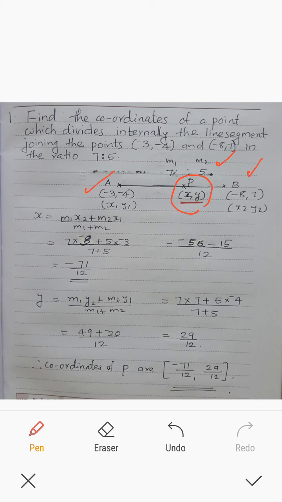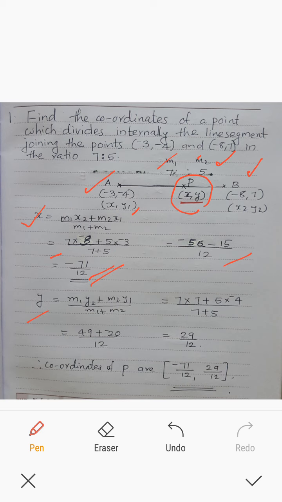So by section formula, what are the coordinates of P? x equals (m1 x2 + m2 x1) by (m1 + m2). In this problem, -3 is x1, -4 is y1, -8 is x2 and 7 is y2. m1 is 7 and m2 is 5. Substituting all these values in the formula, 7 into -8 plus 5 into -3 divided by 7 plus 5. On simplifying, (-56 - 15) by 12, which is equal to -71 by 12, is the x coordinate of the point of division.